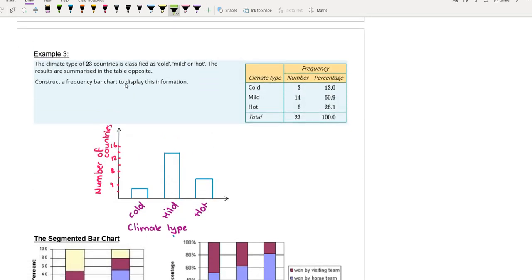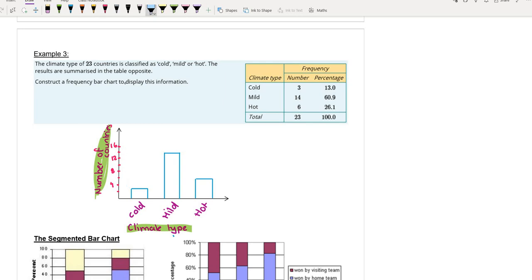So here's an example. We're turning this frequency table into a bar chart, and I've chosen to do it this way, where the categories are down here and the frequencies up here vertically. Again, your first step when it comes to constructing bar charts or even histograms is getting your scales right over here.